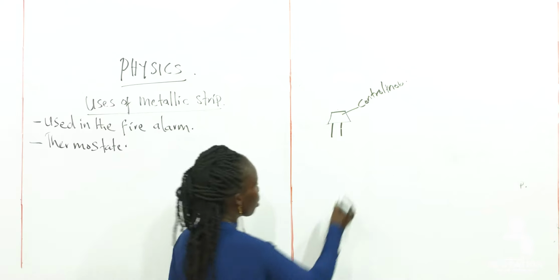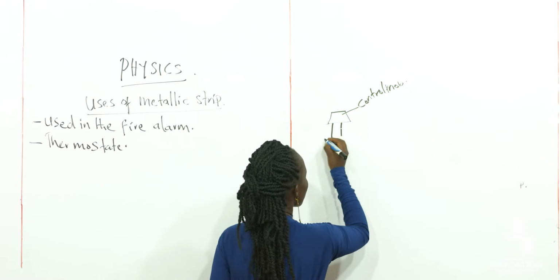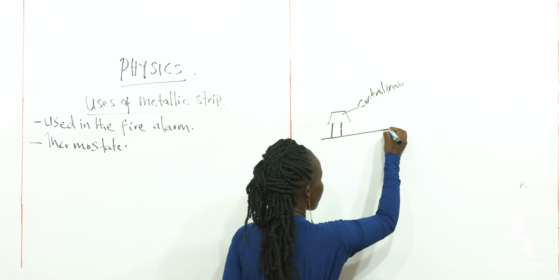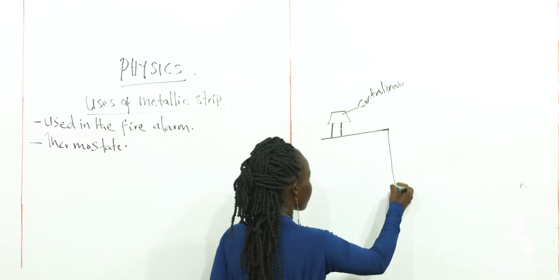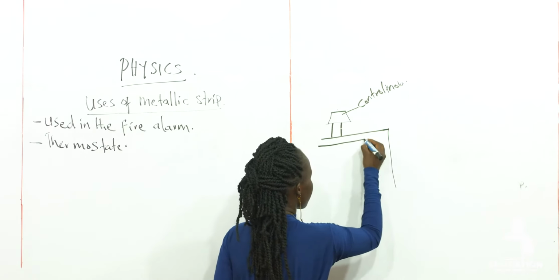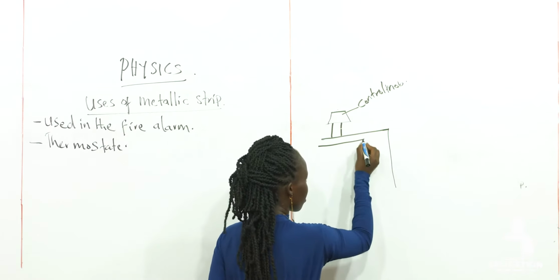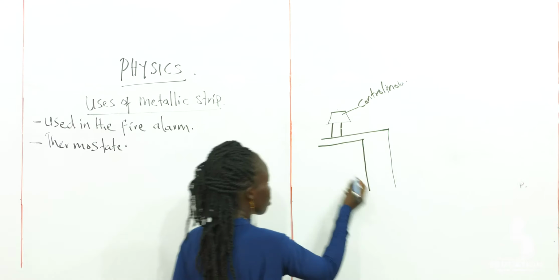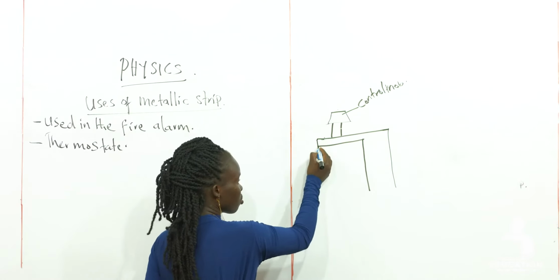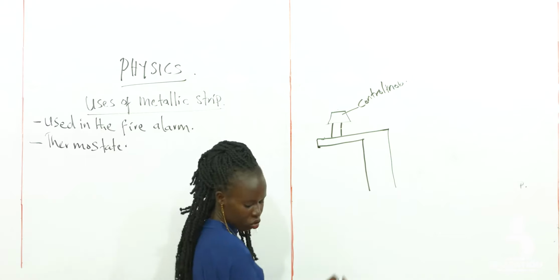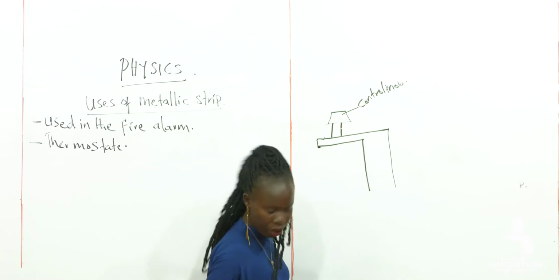So this is connected to an insulator. We shall have our insulator right here. So you'll find out that our metallic strip is actually down somewhere.